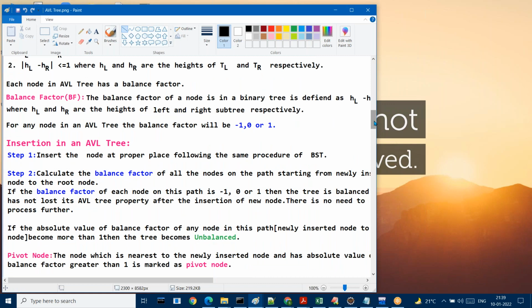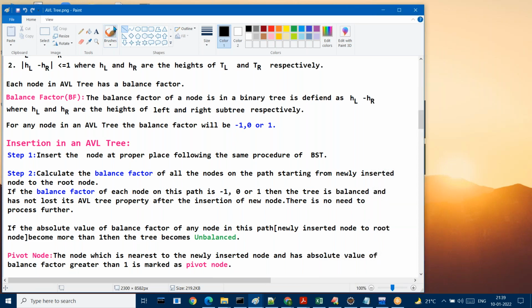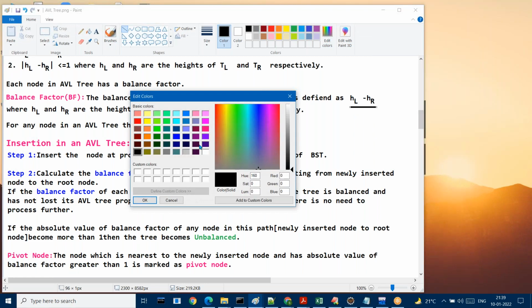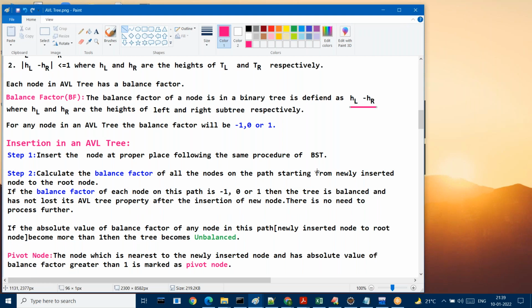Balance factor is always the difference between height of left subtree minus height of right subtree. Always remember, if you make any mistake in this formula, like HR minus HL, errors will start onwards. It will always be HL minus HR, sir. Height of left subtree minus height of right subtree.